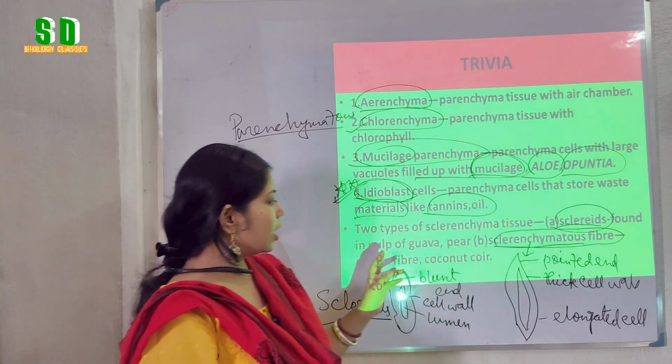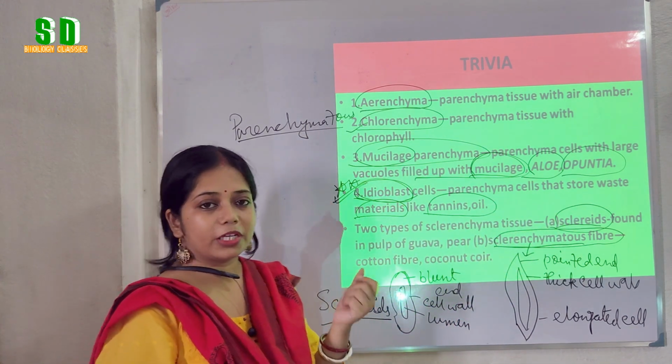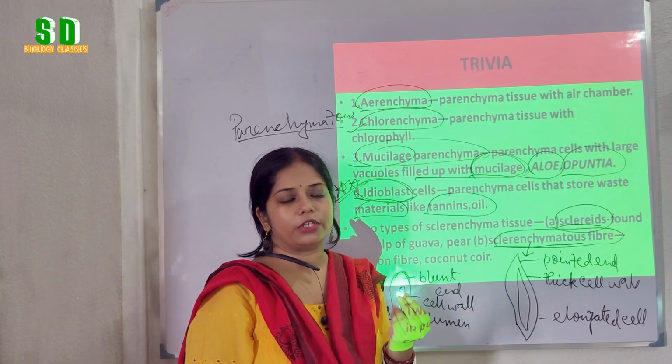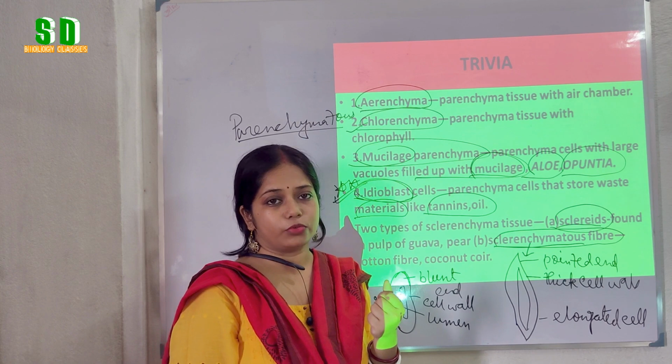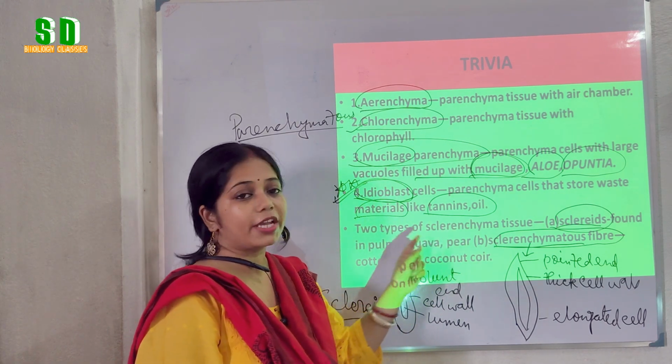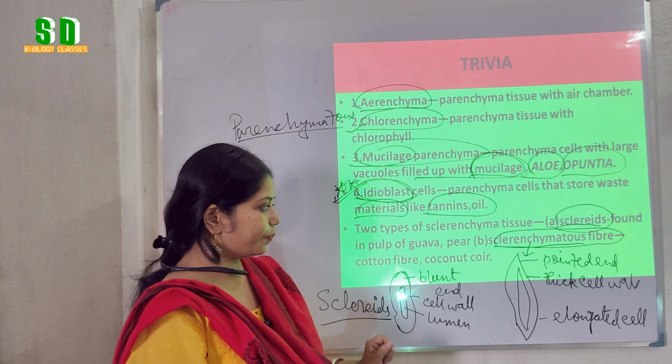The sclereids are found in the pulp of guava and pear. When we eat guava, pear or apple, we feel some grittiness in the fruit. This grittiness is due to the presence of sclereids.